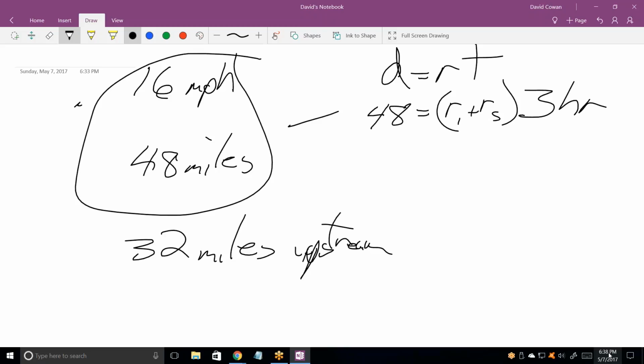Well, you're going to go 40 miles an hour. Okay? All right. So the rate when he's going downstream is the raw rate of the boat, which I'm calling R sub 1, plus the rate of the stream. Okay, gotcha. All right. Now, coming upstream.